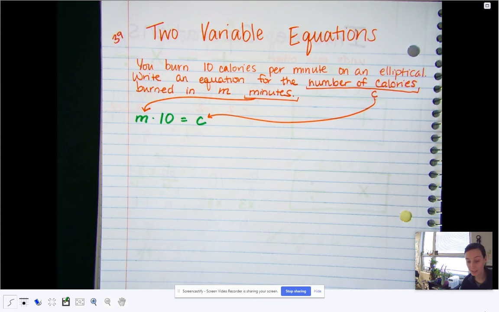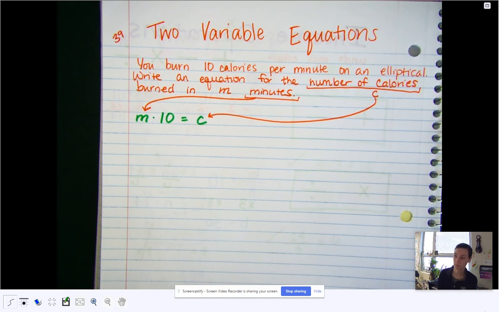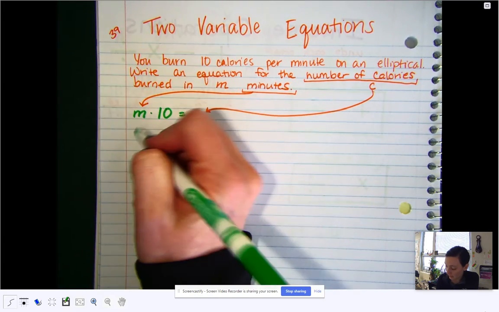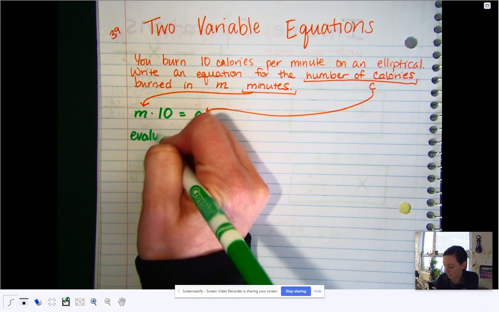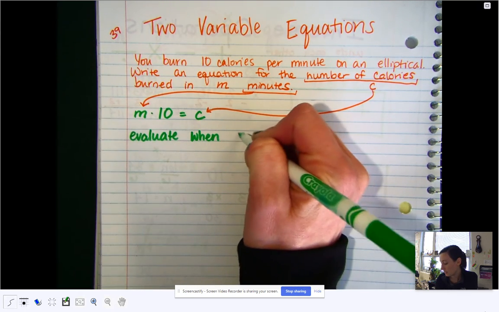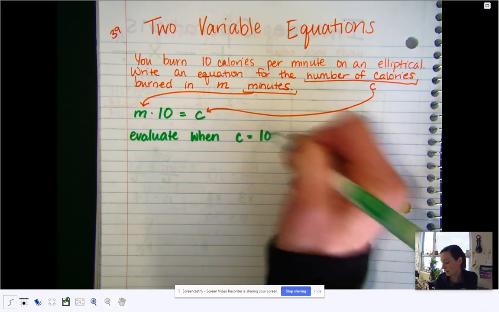Now, someone can give me a value to plug in there. So they might say, okay, now find out how long you were on the elliptical if you burned 100 calories. It would probably say something like evaluate when C equals 100.